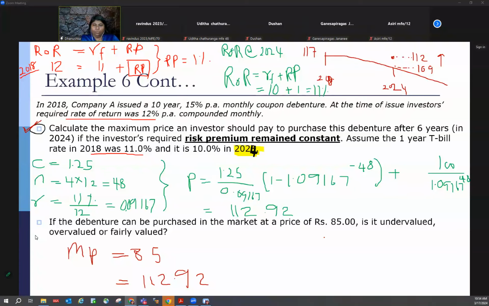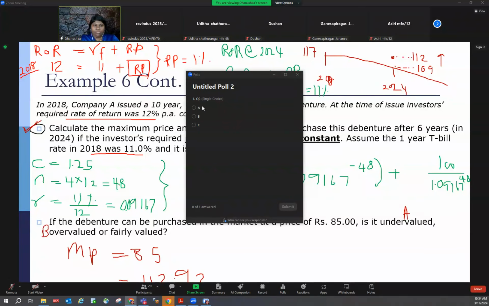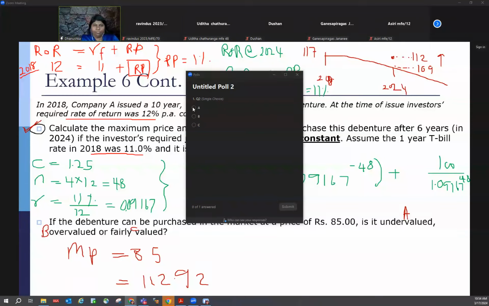I'll just put out a poll. Try it. One second, let me tell you what this means. A stands for undervalued, B stands for overvalued, and C stands for fairly valued. For this, madam, we have to look at it from a market perspective or from the intrinsic value of the bond.